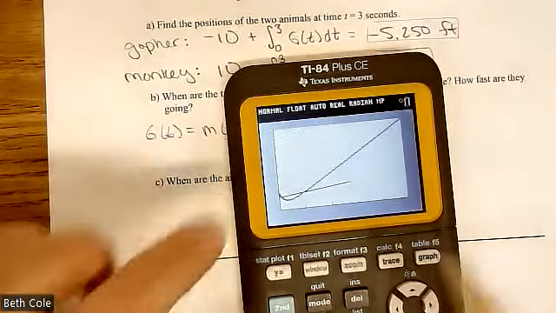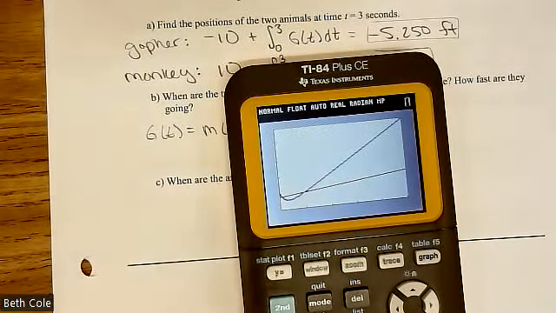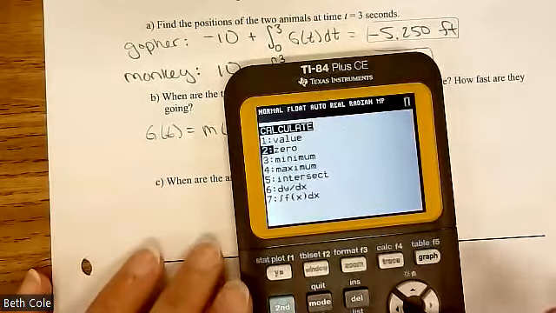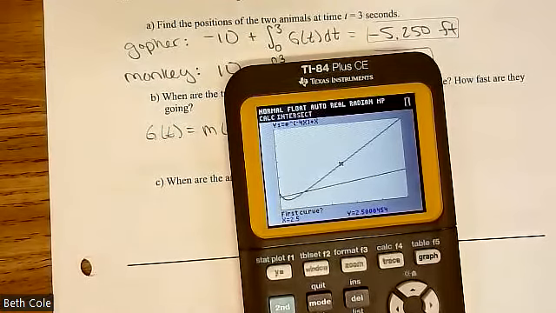Okay. Do you see how there's two intersections? Which one do we want? The first time. Yeah, the first time. So we're going to hit second trace, intersect. Now it's going to ask you first curve, second curve, guess. I usually just hit enter for all those things, but here's the problem.